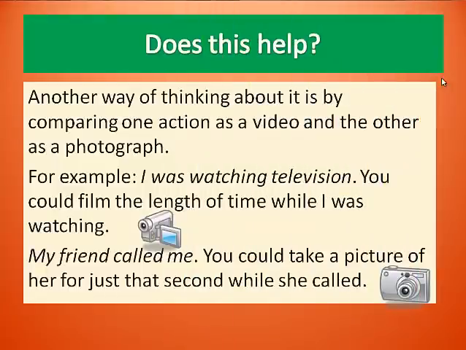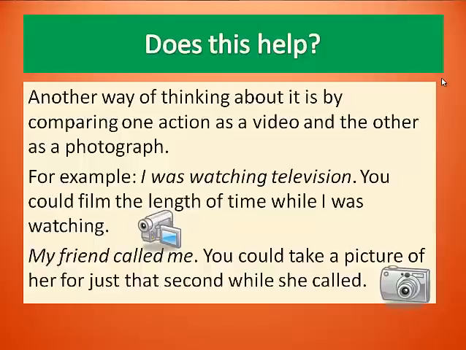Another way of looking at it is by comparing one action as a video and the other as a photograph. For example, I was watching television. You could film the length of time while I was watching. You could film the moment when I turned the television on and when I started watching and how it continued and how I was enjoying it.